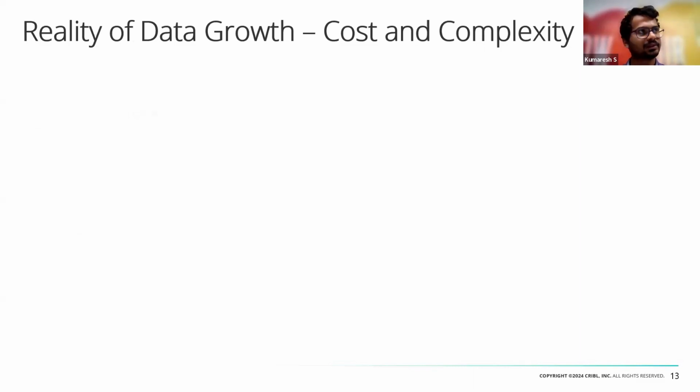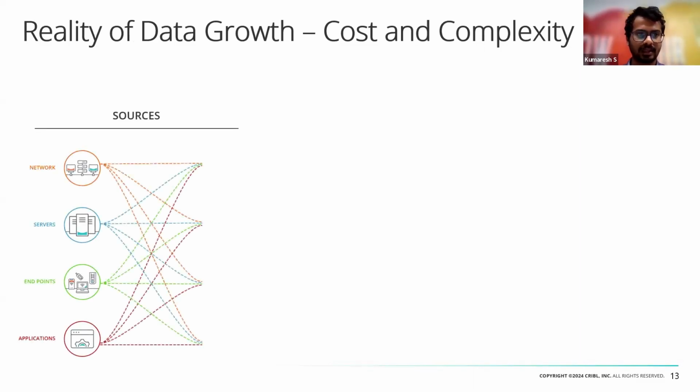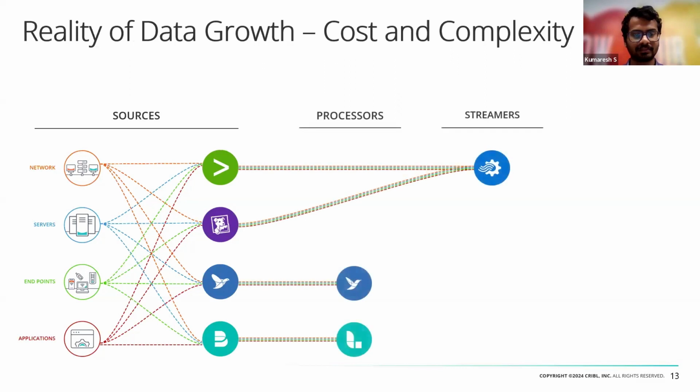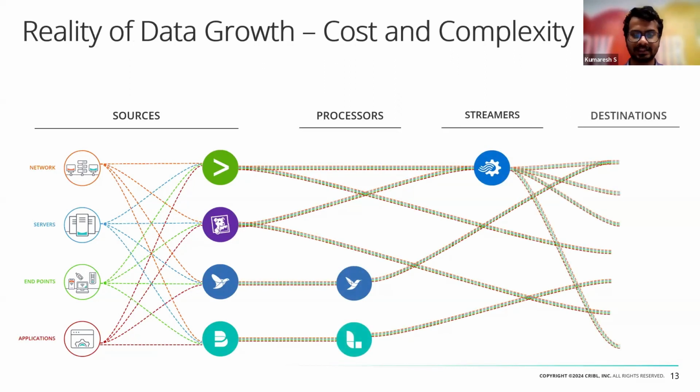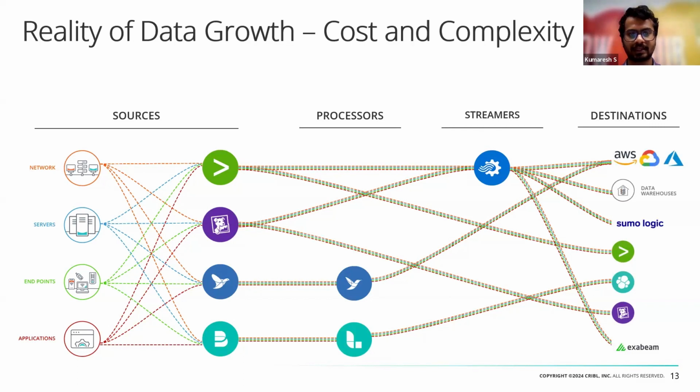Now, what does this imply? There are various sources of data and there are various destinations. Each destination tends to have its own agents, which are put in each of the sources, wherein they collect the information from the sources and send it to the destination that is predefined.